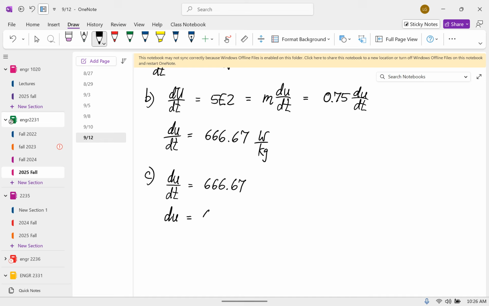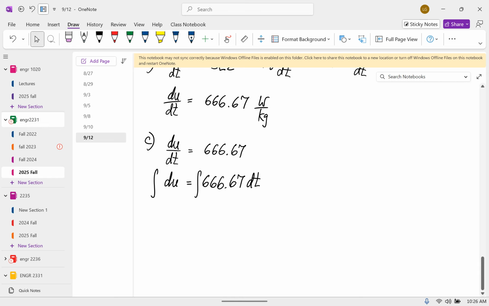So du is equal to 666.67 dt. And now I can integrate both sides because we have one of those infinitesimal increments on both sides. And you get that u is equal to 666.67 t.